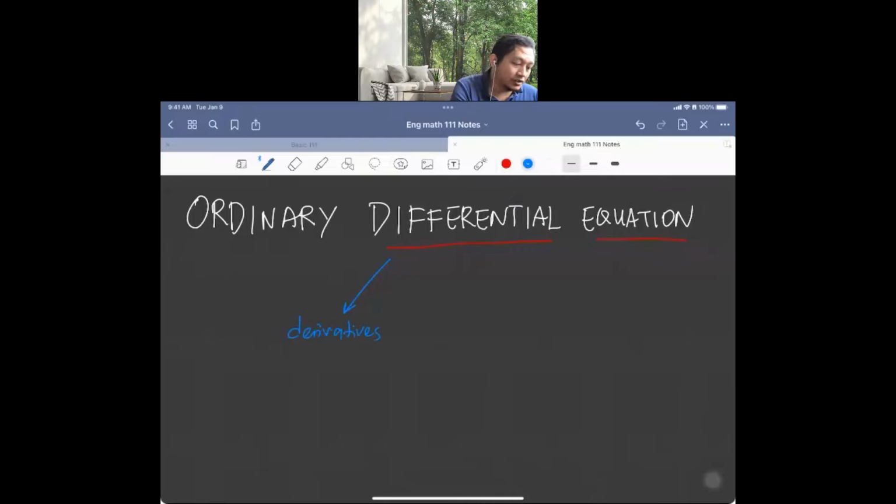In our sense, usually if we have our function, then the differential of this we can write as dy over dx.